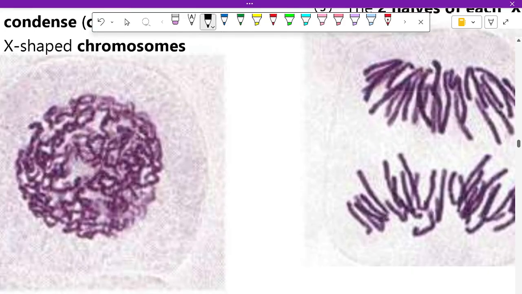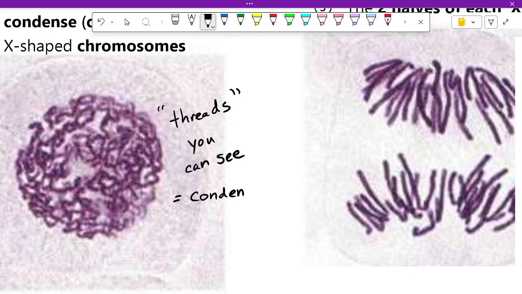That looks really messy. Those are coiled up chromosomes, condensed chromosomes, condensed replicated chromosomes.